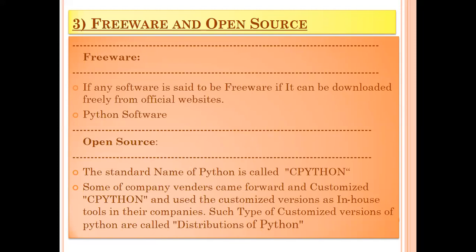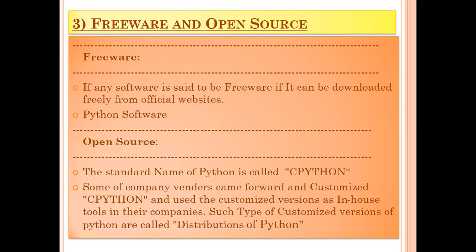We can download it very easily from the Python website. What is the website name? www.python.org. So we can download it easily from the official website. That is why it is known as freeware.